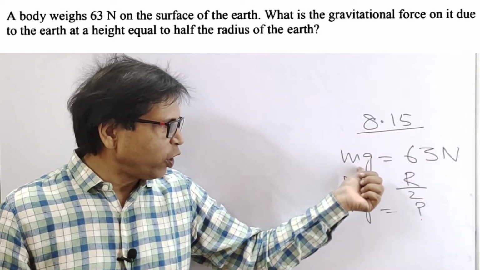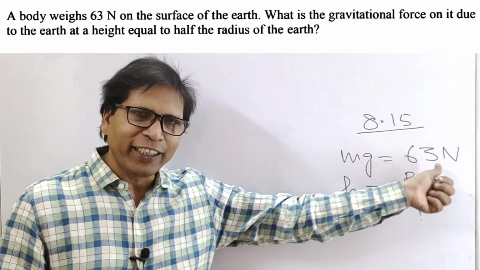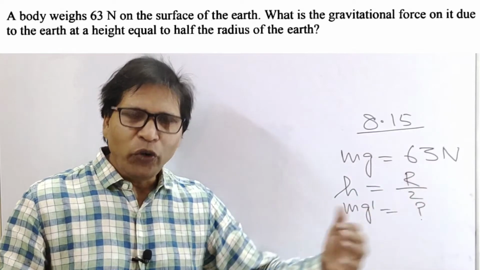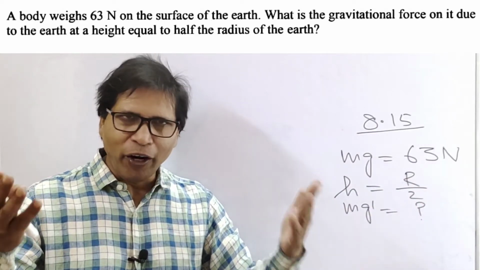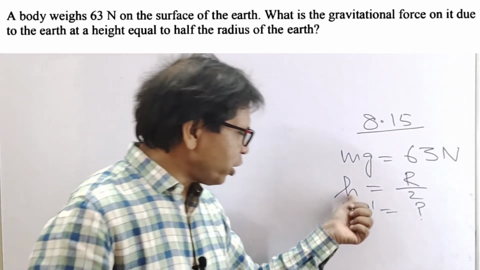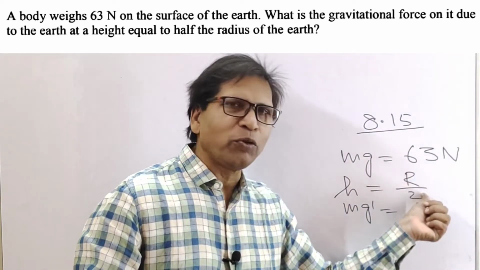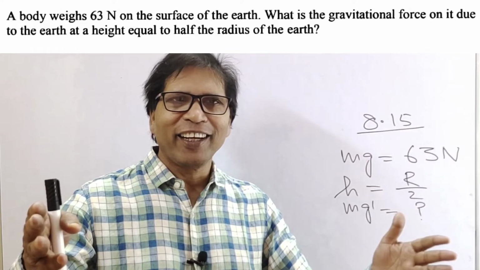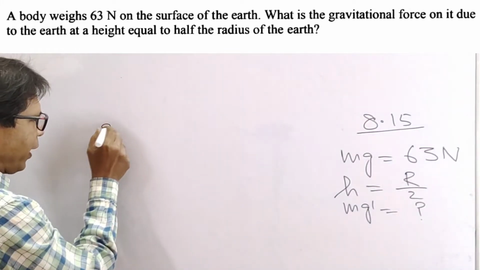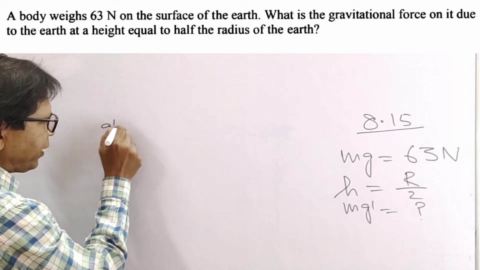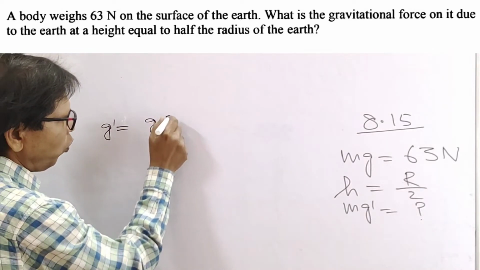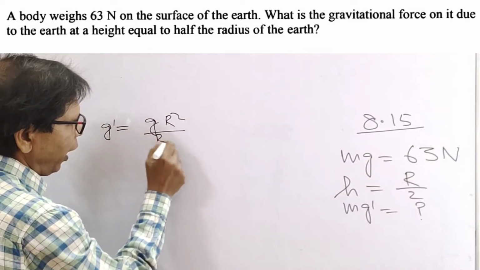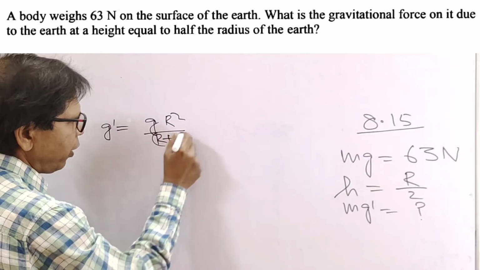The weight of a body on the earth's surface is 63 Newton. We have to calculate the weight of the body at an altitude h equal to R by 2, where capital R is the radius of the earth. We know the acceleration due to gravity g' equals g into R squared divided by (R plus h) whole squared.